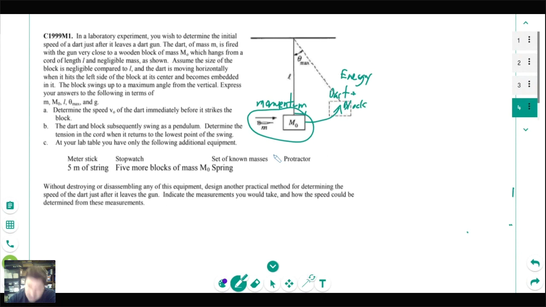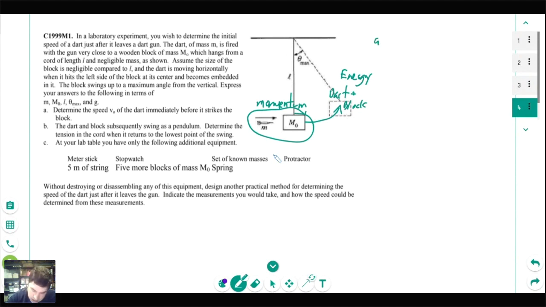So the game plan here is to find the potential energy we reach at the highest point, backtrack that into kinetic energy, and then once we have kinetic energy, we can get the velocity. From velocity, we can do P before equals P after, and then get the momentum of the dart beforehand. That sounds like a lot. But let's see how we do.